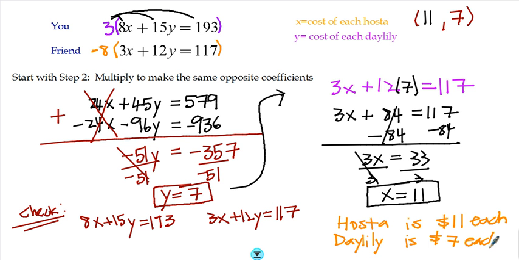And that will be our final answer because this is a word problem. We have to tell them what x is and what y is. X is hosta and y is daylily. So that will be our final answer.